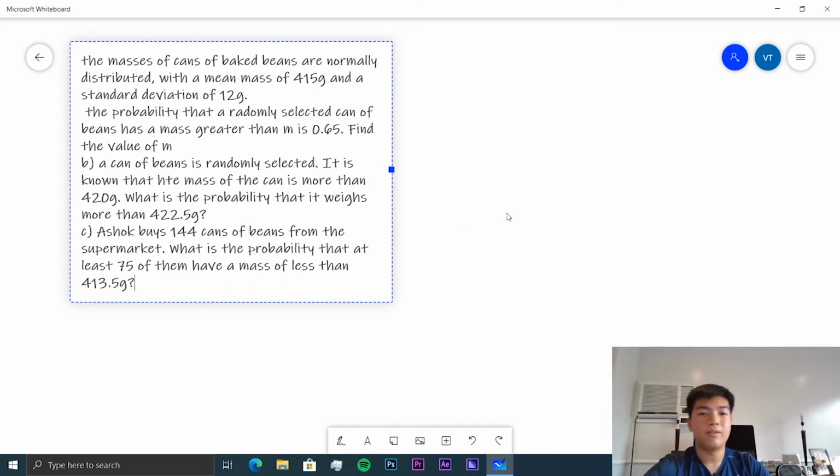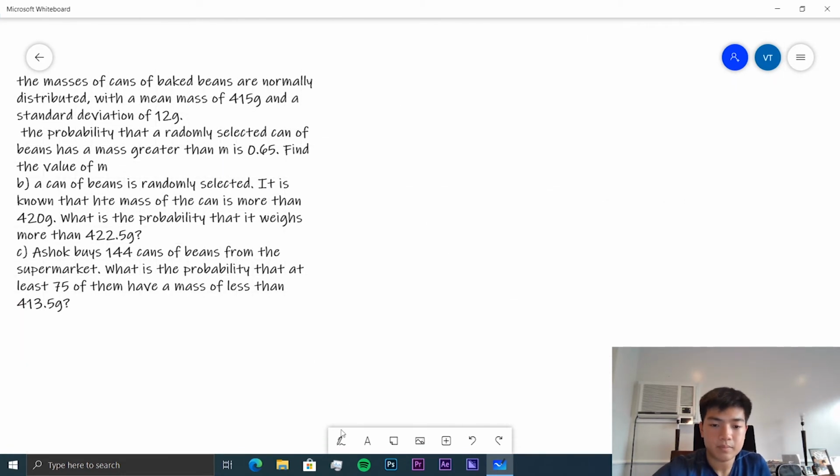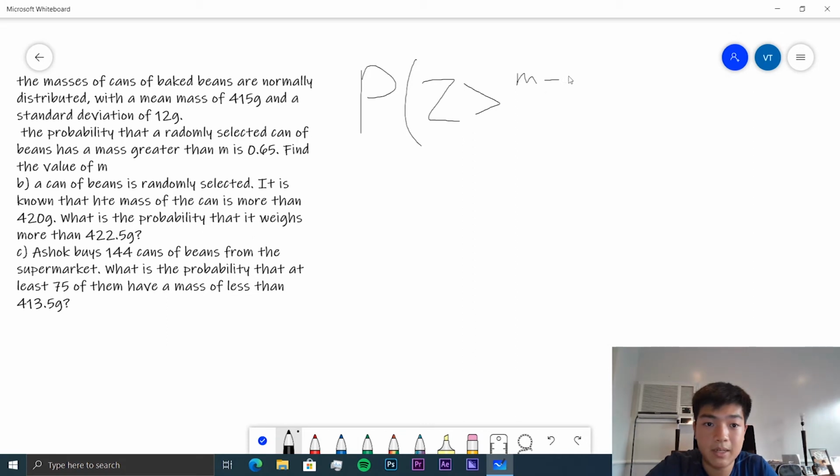Okay, again, tall order, but it's okay. So, the probability that a randomly selected can of beans has a mass greater than m is 0.65. Find the value of m. So, this is equal to the probability of Z being greater than (m minus 415) over 12 is equal to 0.65.